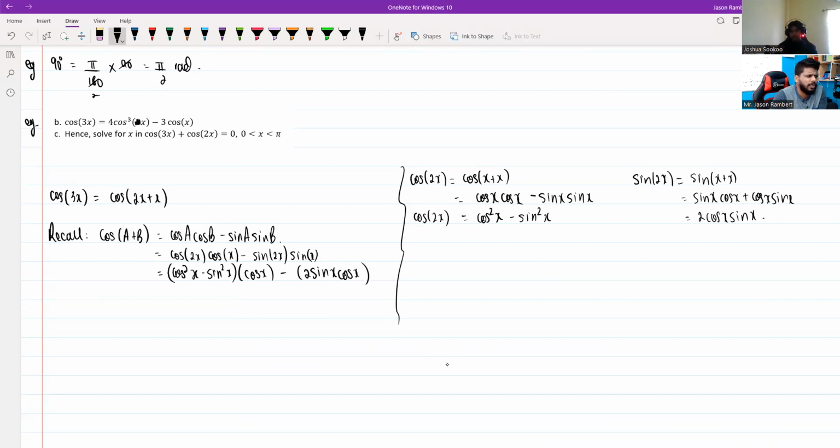It doesn't matter which order I write it in, by sine x. Expand, I get cosine cube x minus cosine x into sine squared x minus 2 sine squared x cosine x.